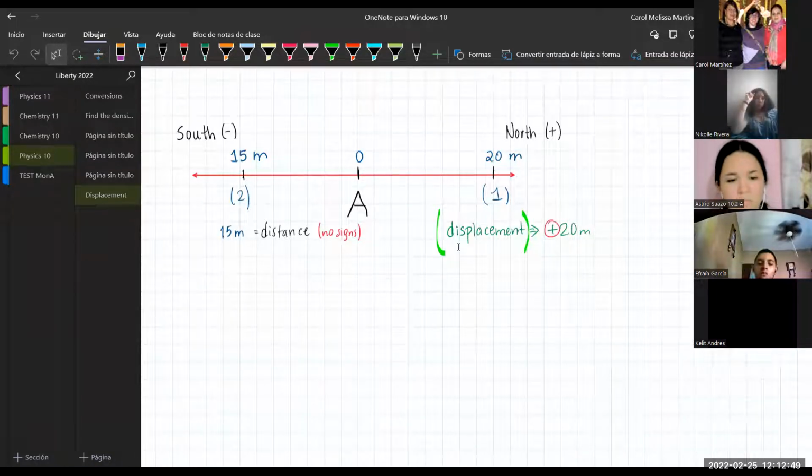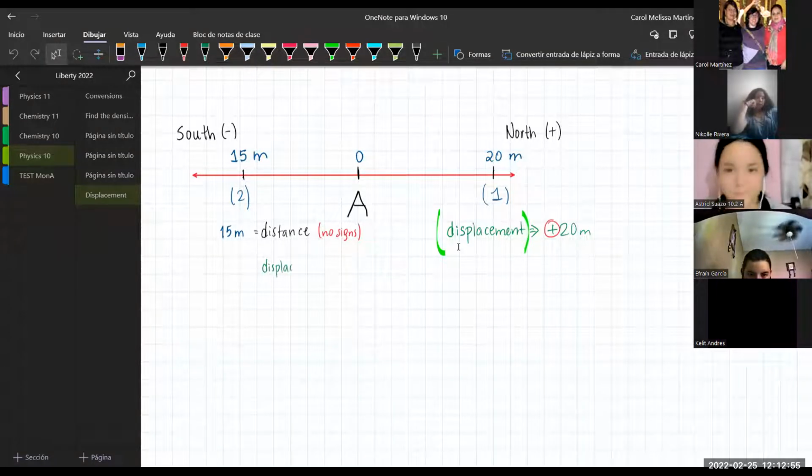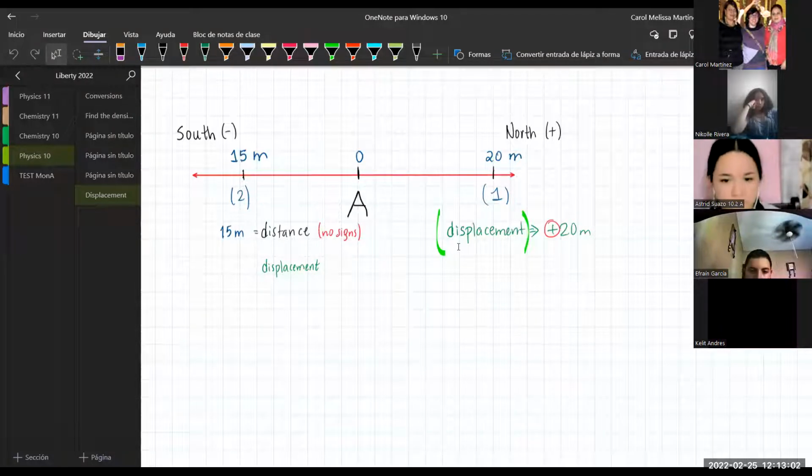Now, what about the displacement? If that person goes to the point 2, what is going to be the displacement? In that case, it will be negative 15 meters, because displacements consider the signs, the positions, okay?